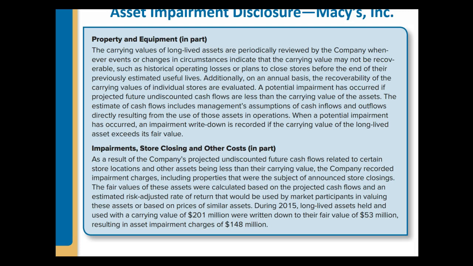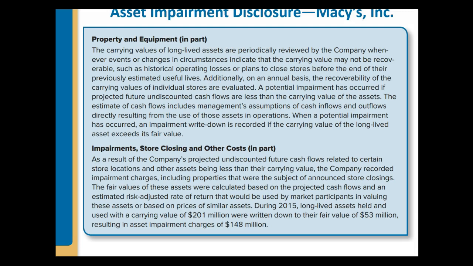Macy's, Inc. is a department store chain providing brand name clothing, accessories, home furnishings, and housewares. Well, this slide shows the company's disclosure notes describing recent impairment losses. The notes also provide a summary of the process used to identify and measure impairment losses for property, plant, and equipment and finite life intangible assets.